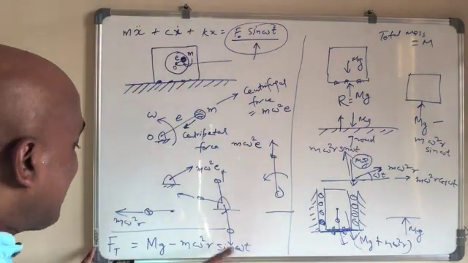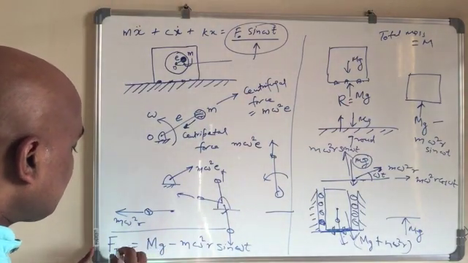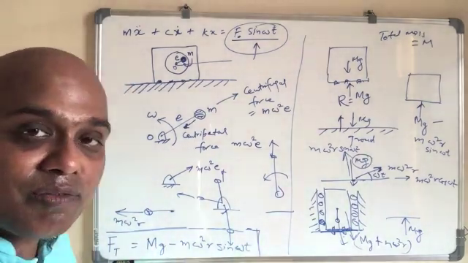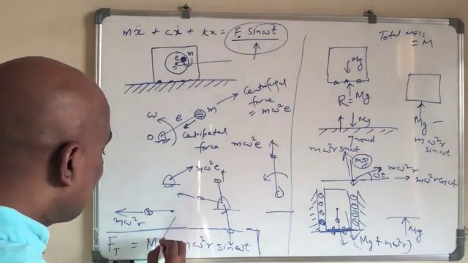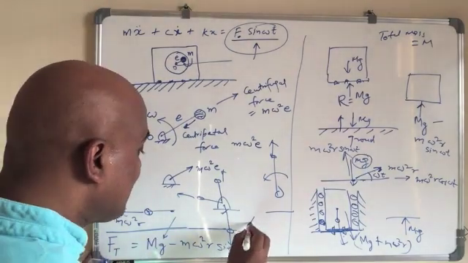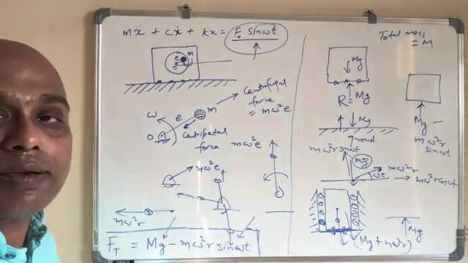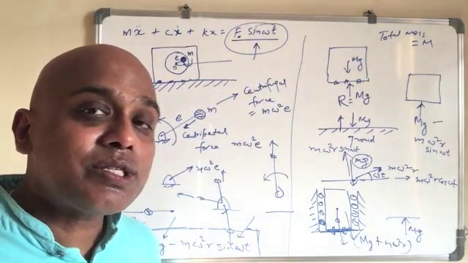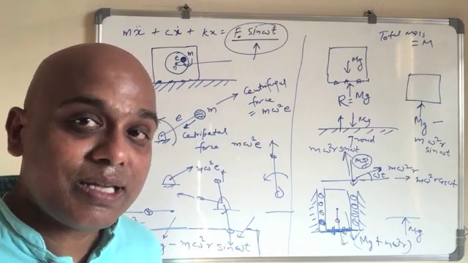What we find here is there will be two components of the force. One is the static force, which is mg, and the other is the dynamic force, like this one. As we said earlier, dynamic force is the one which is important in vibration.